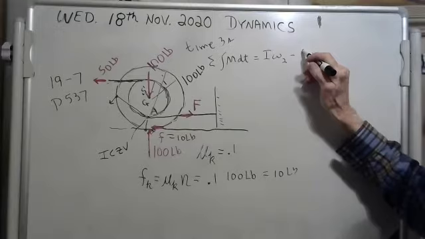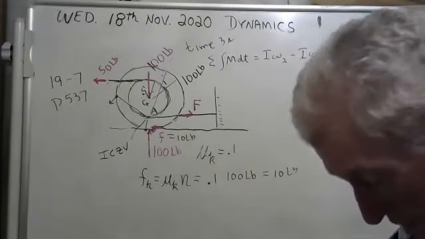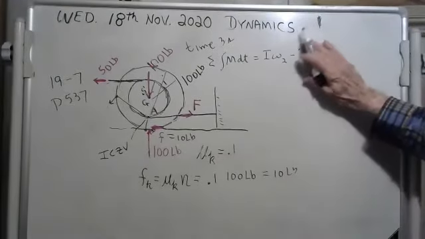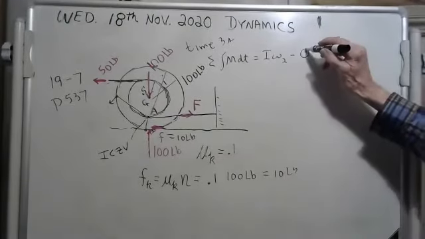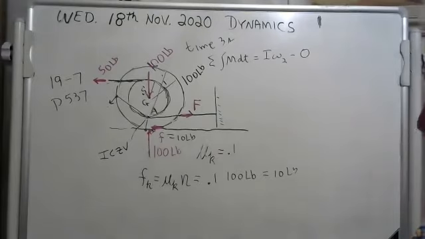Now, this is I omega 1, but it starts from rest if you'll read it. So we don't have any initial momentum. So this is what we want for our equation.